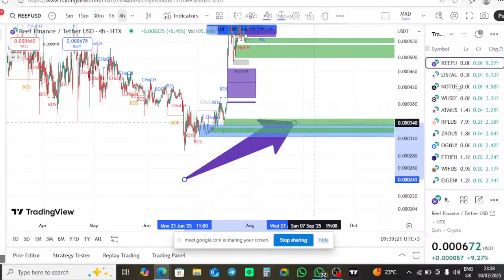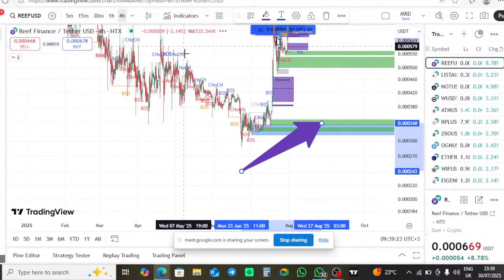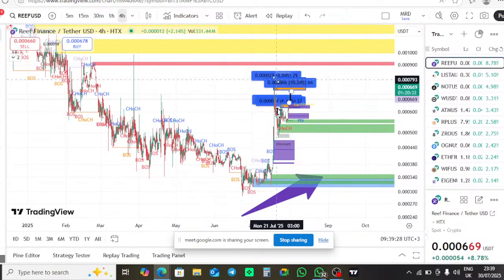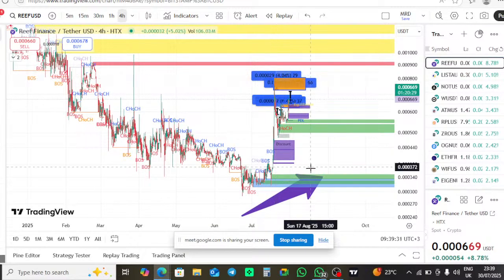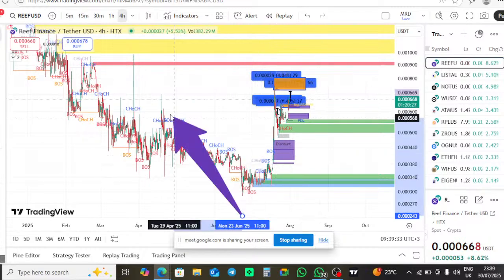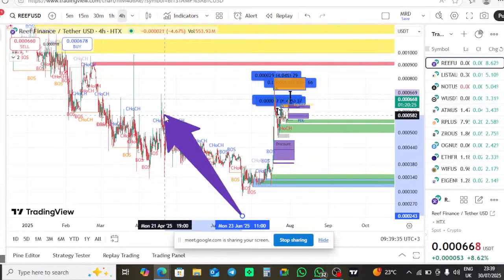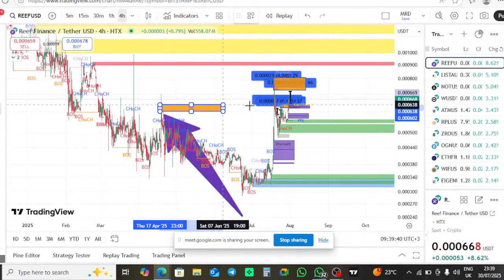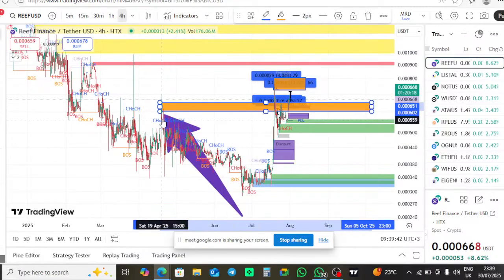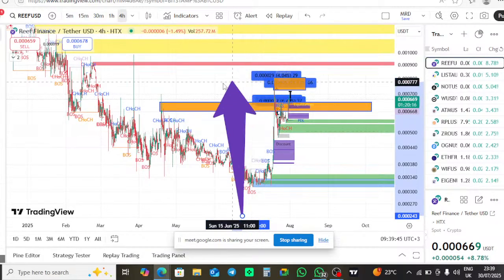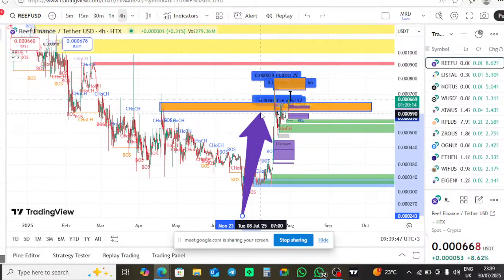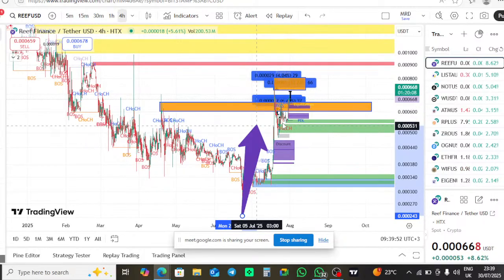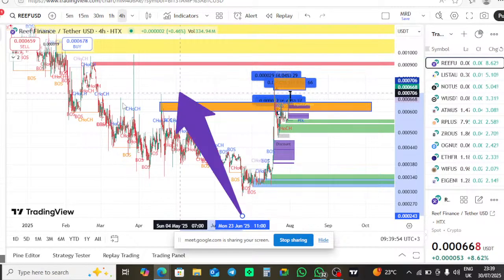But now you can see the market went all the way up to this level. Here at this point we had our supply level. After hitting the first supply, the demand has the right to shift if the market keeps above the supply.